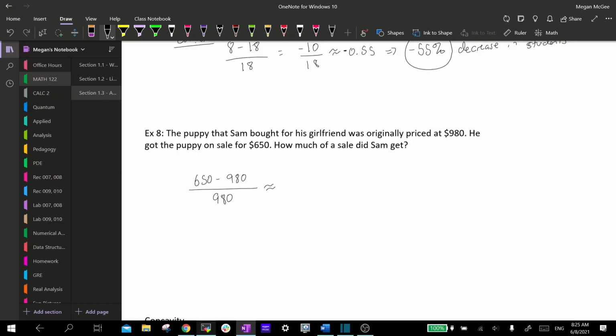Our calculator says that's about 0.33 negative, so we have negative 33%. So the puppy was on sale for 33% off.